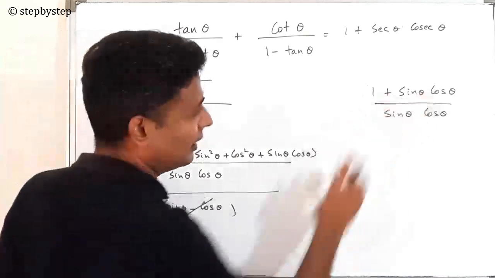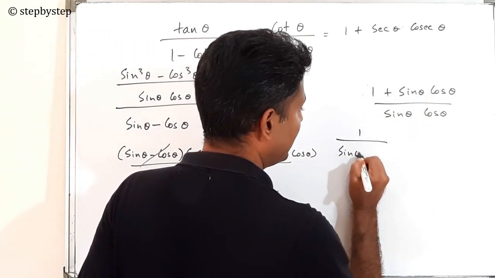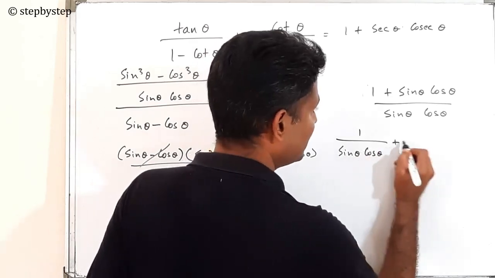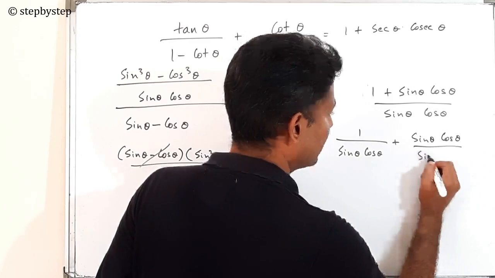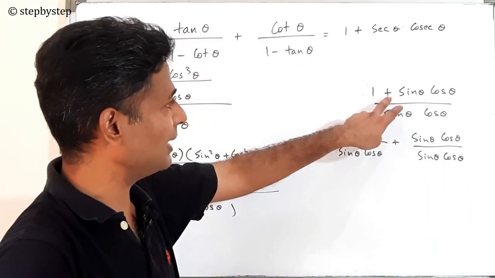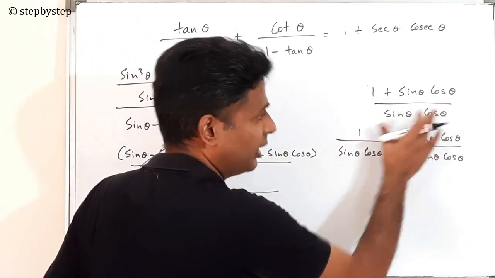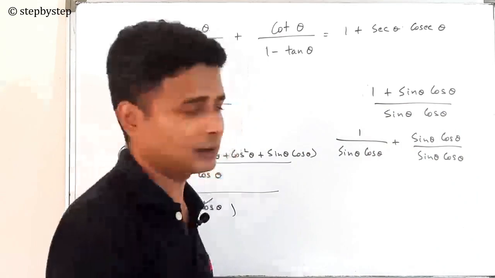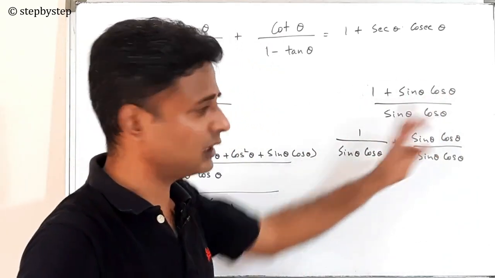Now I'll split the denominator. So I can write this as 1 by sin theta cos theta plus sin theta cos theta by sin theta cos theta. Guys, remember, whenever plus and minus is there on top, you can split the denominator. So the entire denominator should come on both sides. The entire thing, you cannot write it as 1 by sin theta plus sin theta cos theta by cos theta.